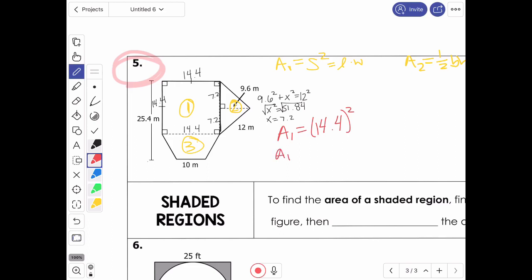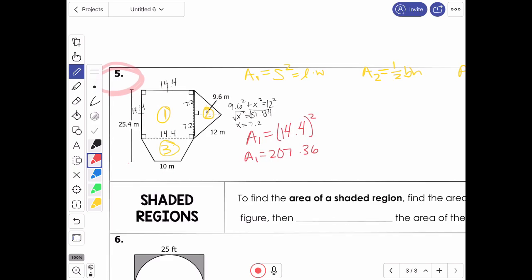So area 1 is 207.36. So now we could probably figure out the area of this triangle, because we have the base and we have the height. So 1/2 times base times height.